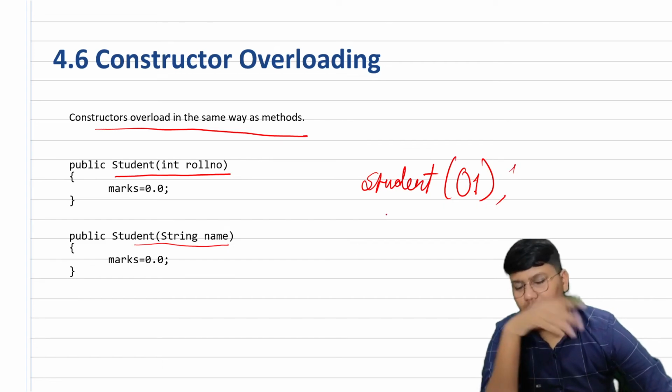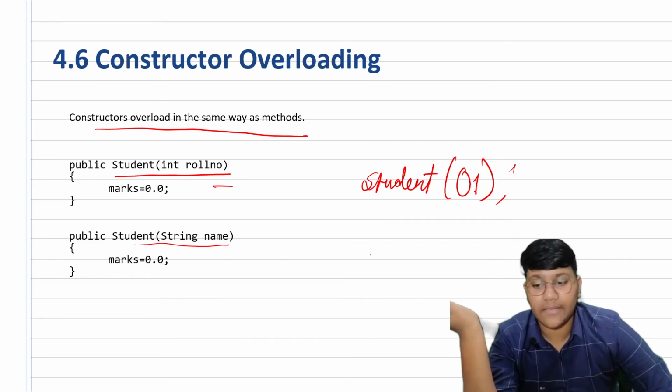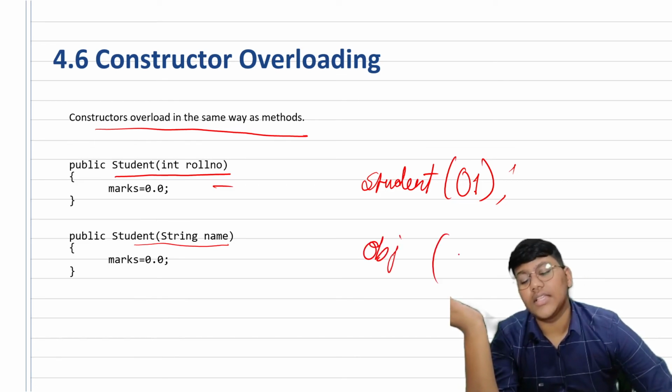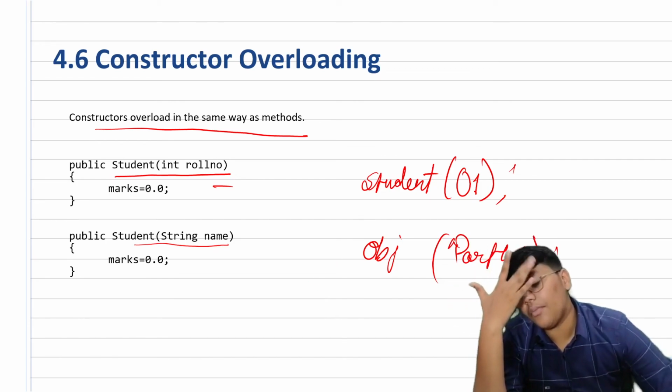If an object is created with roll number 01, the marks of roll number 1 will be given. But if an object is created with a string name, say Path, the marks of Path will be given.